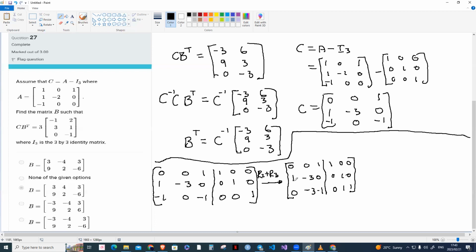And now I'm gonna take this row to be number 1. 1, minus 3, 0, 0, 1, 0. Whatever you do this side, you also do this side.